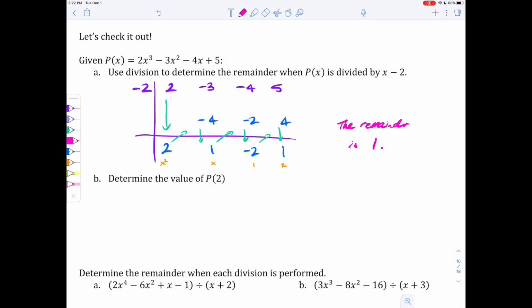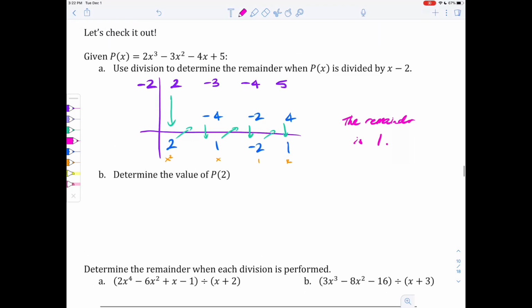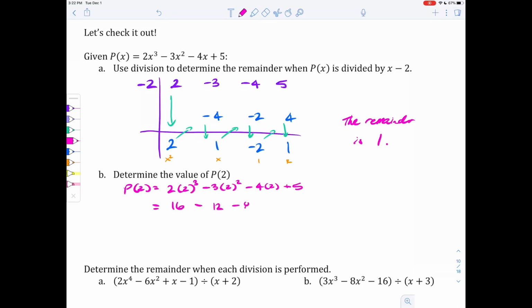And now we're going to determine the value of p of 2. If we replace this x over here with a 2, what happens? Well, p of 2 is equal to replacing all the x's with 2's. 2 times 2 cubed is 2 times 8. 3 times 2 squared is 3 times 4. 4 times 2 is 8. 5 is 5.